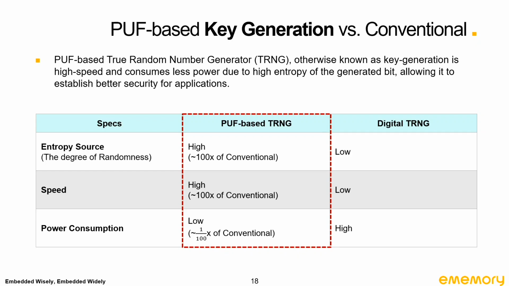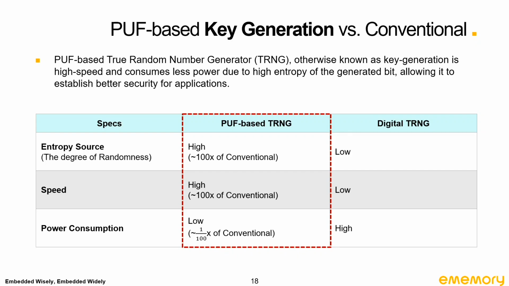After talking about key storage, next I am going to talk about PUF-based key generation. For key generation, the conventional true random number generator used for hardware root of trust is not PUF-based. Comparing PUF-based TRNG versus conventional TRNG in three categories, PUF-based is superior for the following three reasons.